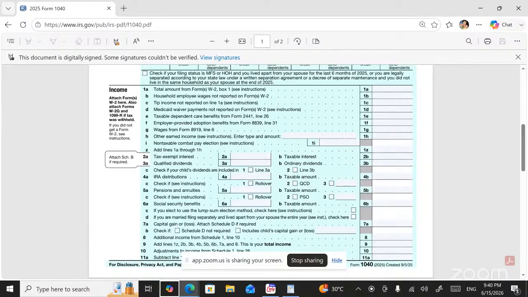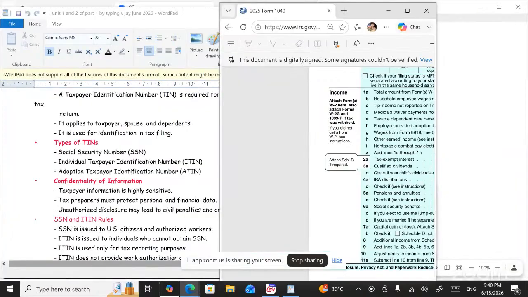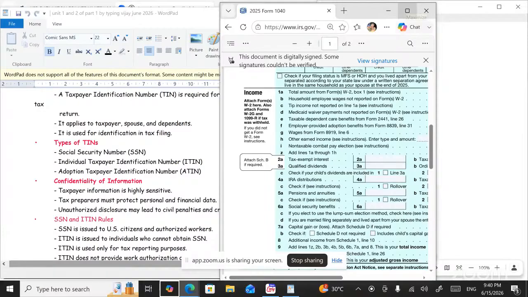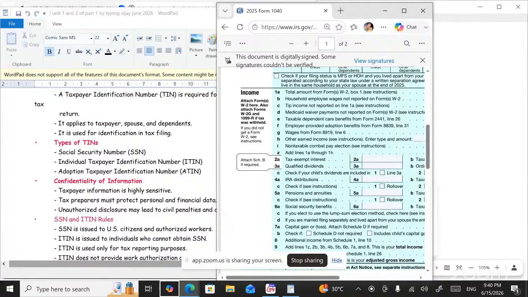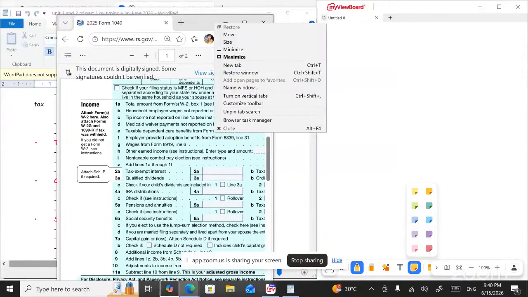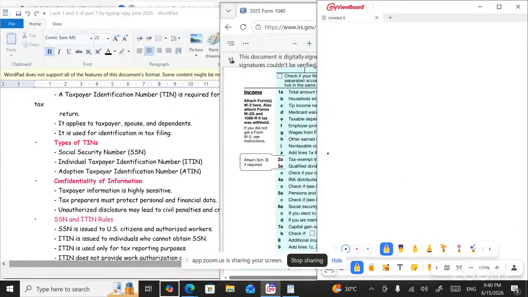What is W2? Salaried persons also, yes sir. Correct. In India, Form 16 will be issued by the employer. The same form will be used by the employee at the time of filing his tax return.